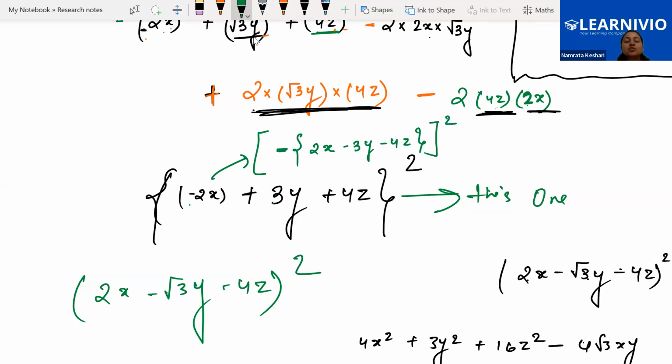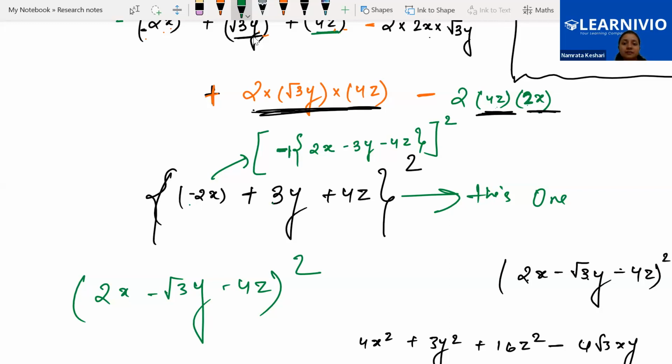And this negative which you have taken out as a common factor, the negative 1, will also take the power 2 and will become positive. That's why her answer and my answer are exactly the same. Am I making sense to all of you?